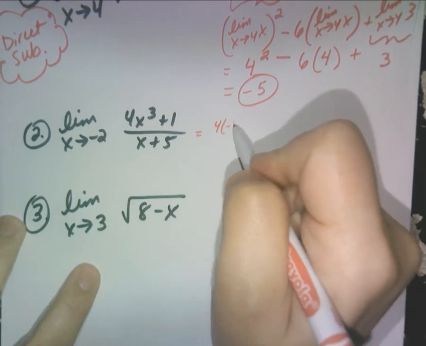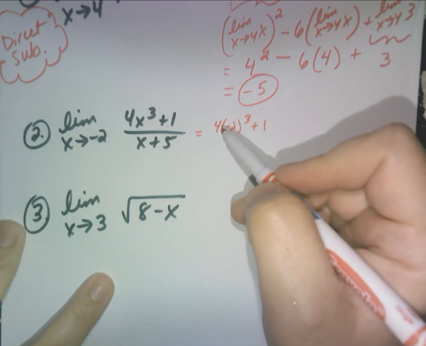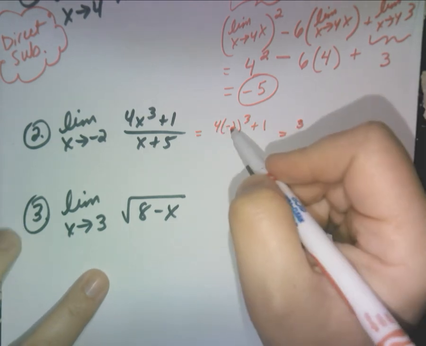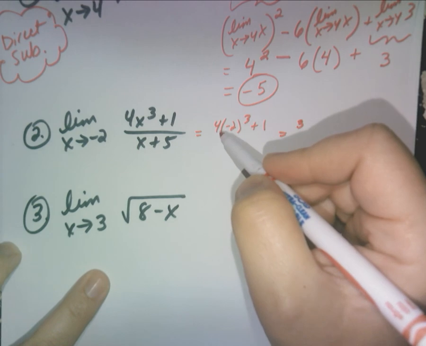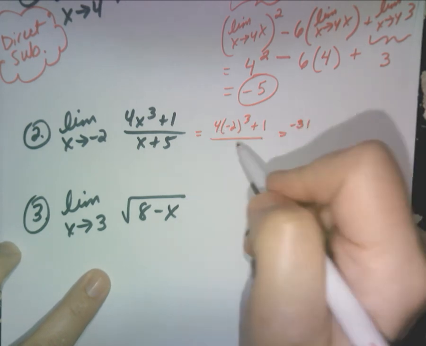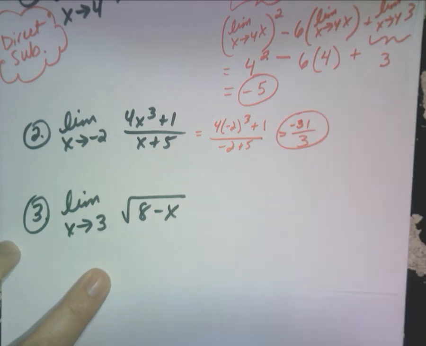So 4 times -2 cubed plus 1. So that's 8 times 4 is 32. 32 plus 1 is 33. No, my bad. That's -8. -32. -31. My bad. And then -2 plus 5 is 3. Done. -31/3. That's it. You can check the table if you want to. It's going to go to -31/3.